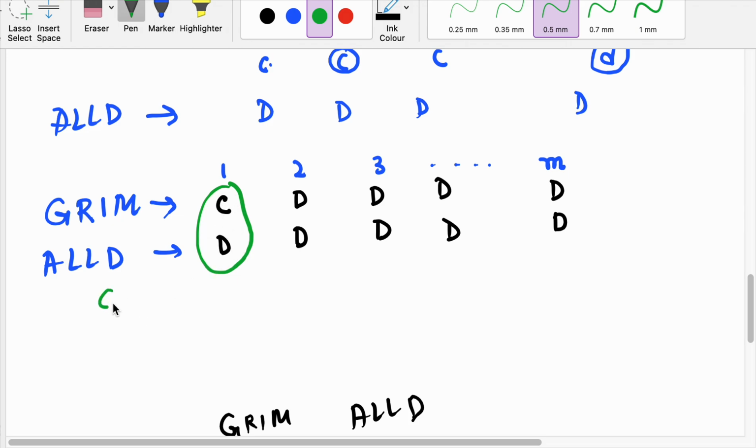That means green will get a payoff of S, and what will Aldi get? Since Aldi is defecting against a cooperator, he will get a temptation payoff.